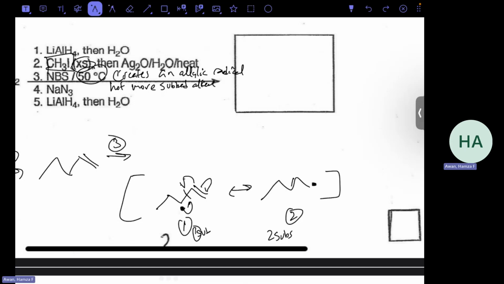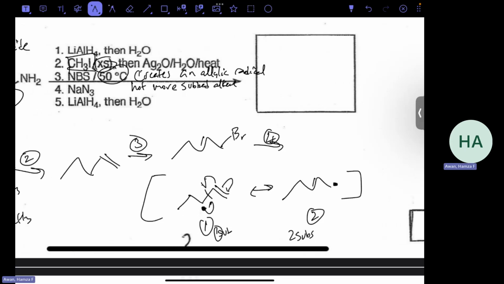So on this one, because number 2 is going to be the one attacked by the NBS, it is going to add a bromine where that radical would be, right? So we have the bromine there, and now step 4, NaN3, sodium azide.